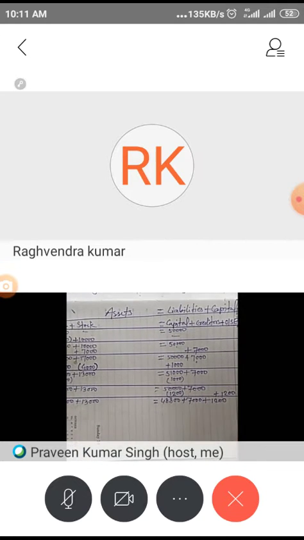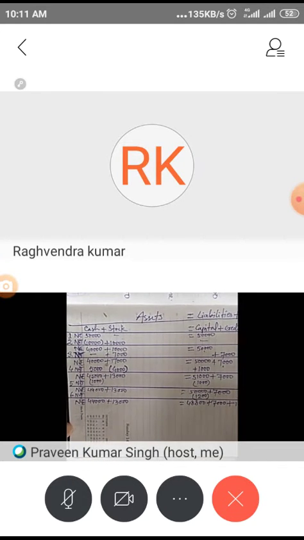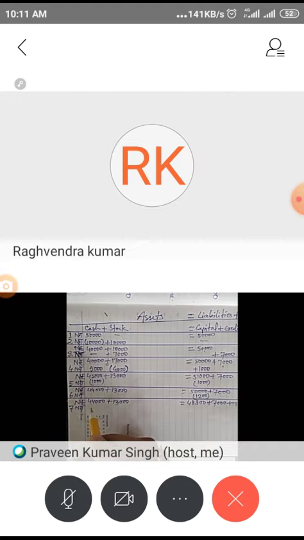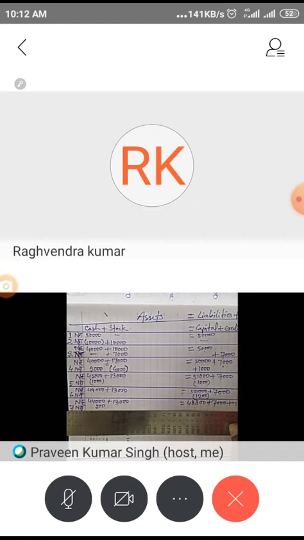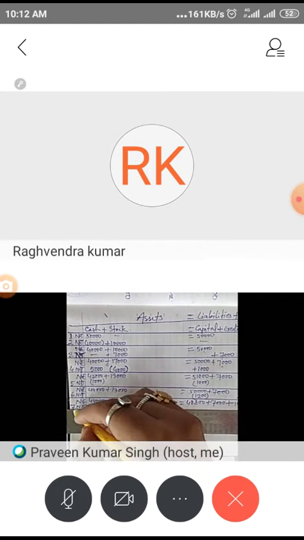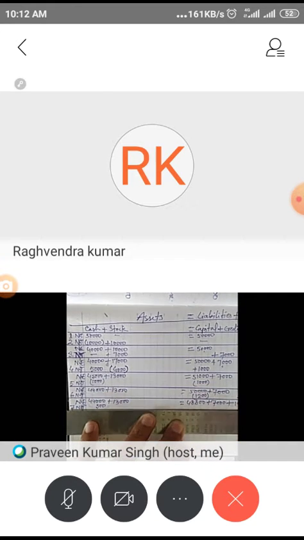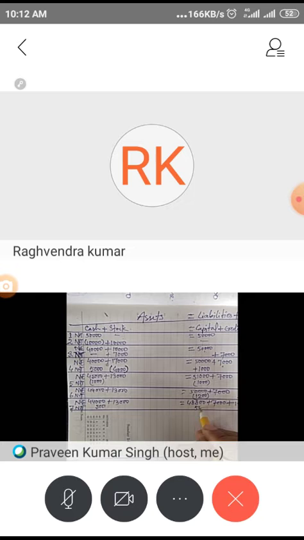Now the seventh transaction is saying commission received. New transaction, commission received rupees 500. So cash will increase and commission will be our income. So on the liability side also capital will increase, because all the profit is added in capital and all the expenses and losses are deducted from capital.